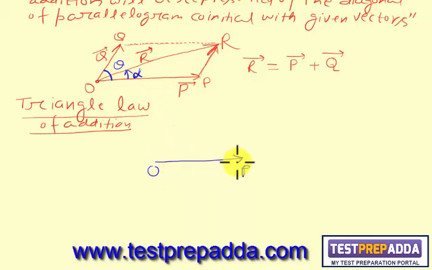So this I can take as vector q. This is q. This is vector p. This is our resultant r.